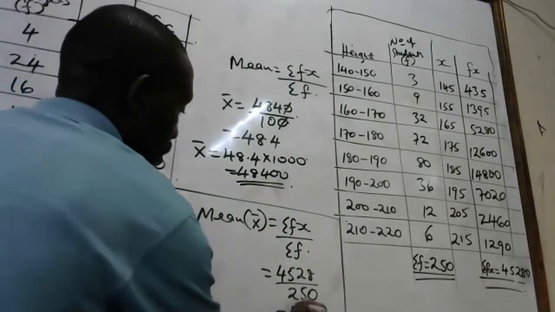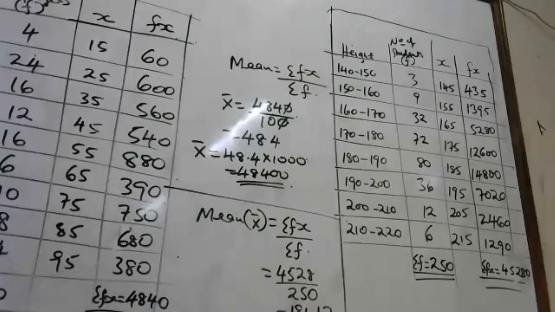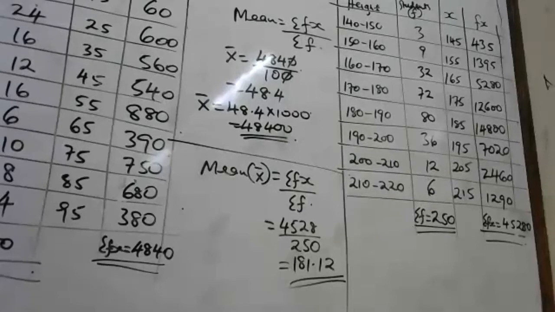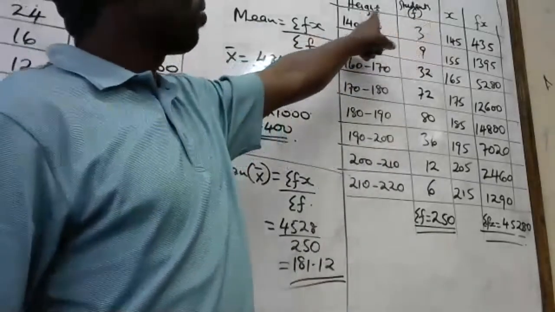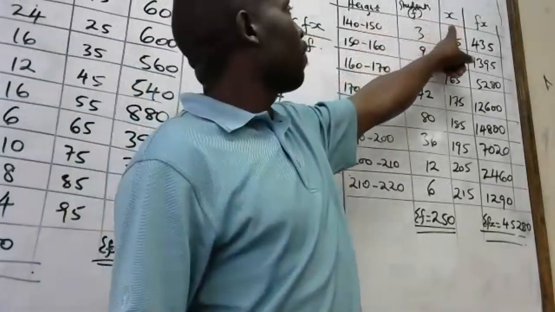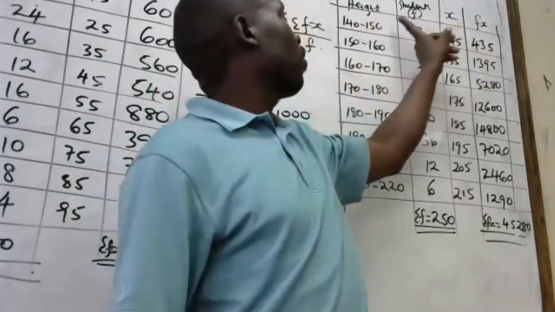181.12 is the answer. That is how you get the mean. So the key area you need to understand is how you get the x. The x is the midpoint of the classes. Once you have the value of x, you multiply it by the frequency of that class to get the fx for that class.